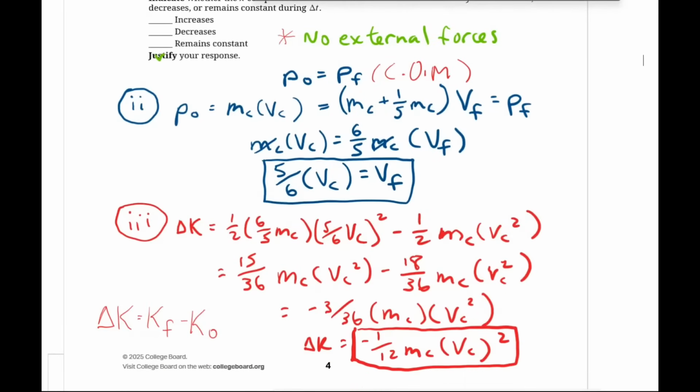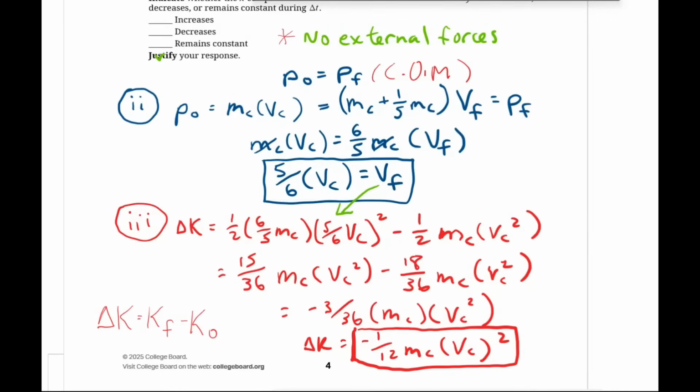All right, so we're going to start off with delta K equals K final minus K initial, and we just have to use 1/2 mv squared. So we're going to do 1/2. The mass of the block and cart together is 6/5 MC, and we just got the Vf, so we slid that right in there, and then we're going to square it.